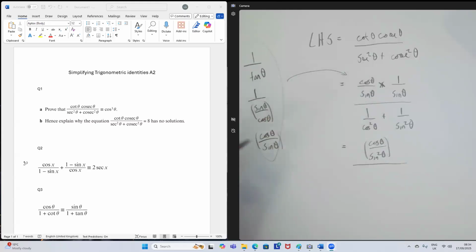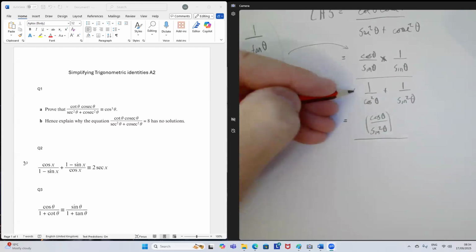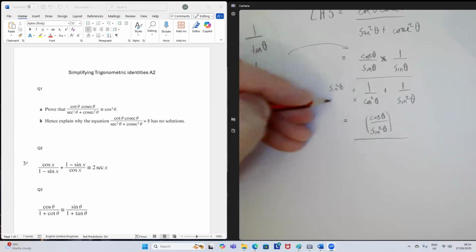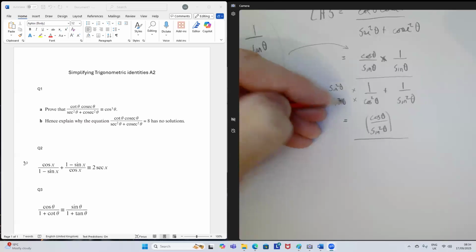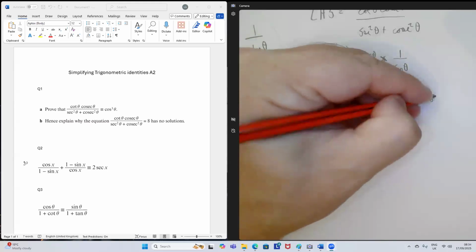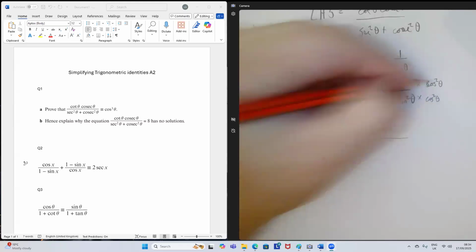So whenever you're simplifying or solving a trig identity, you always want to be reducing it into a single fraction. So I'm going to multiply the numerator and denominator of this one by sine squared theta, and the numerator and denominator of this one by cos squared theta, because we're trying to get a common denominator.